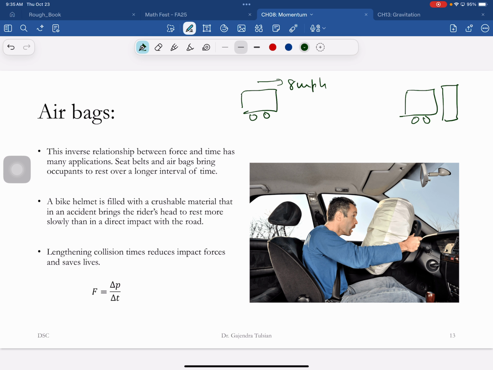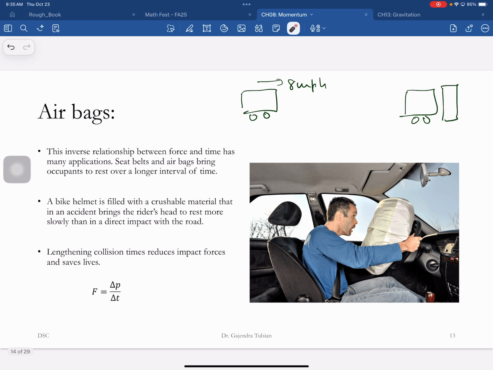What is happening to you inside? At what speed were you going? You're going at 80 miles an hour too. And if the steering wheel stops you, there's the equation.